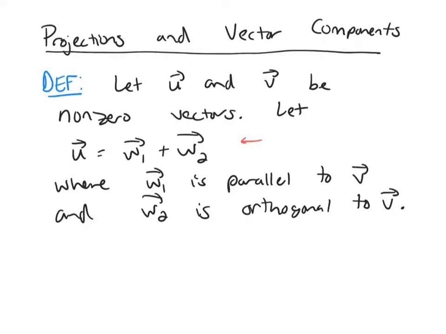You can break it up into two vectors, and the first vector would be parallel to V and the second vector would be orthogonal to V.